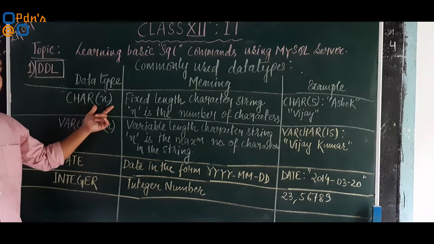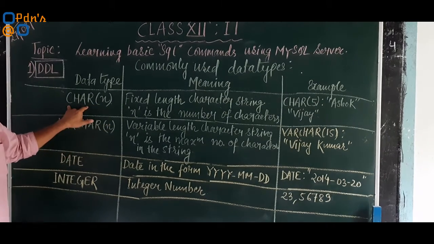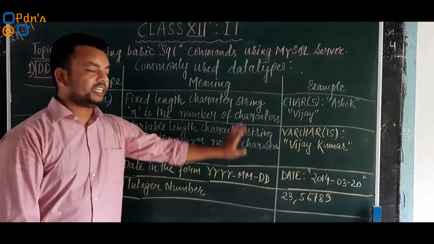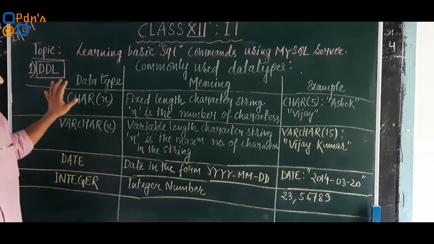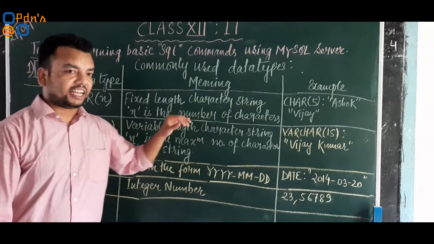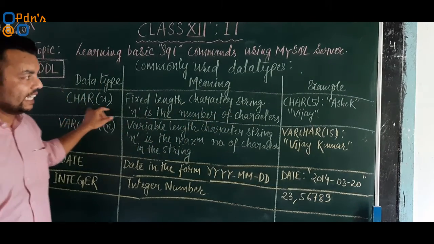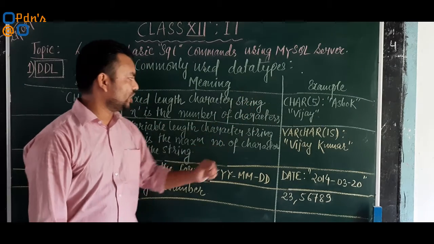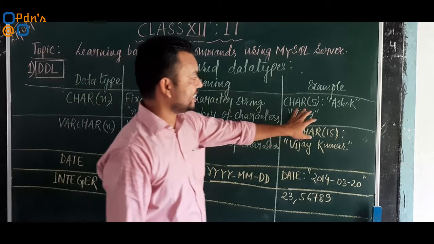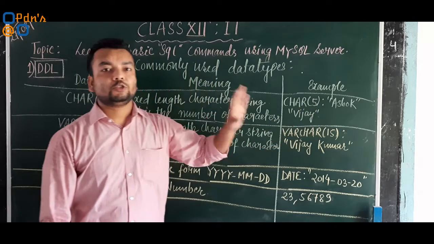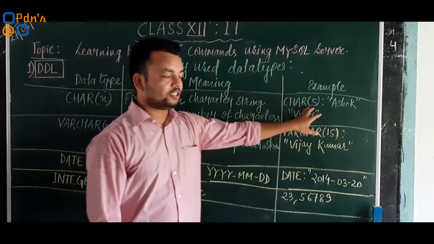Char, inside the parenthesis n is there. Now char stands for fixed length character string, means the character string or a set of text which we are going to enter inside our relation will be of fixed length. Say if it is 5, that means we need to insert 5 characters only.